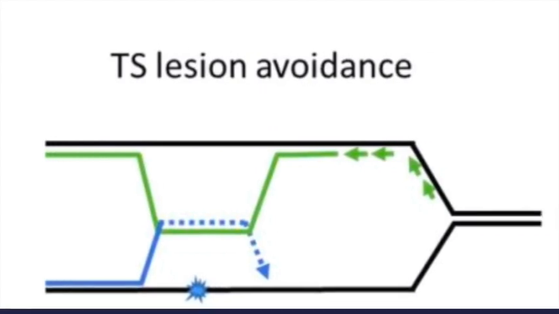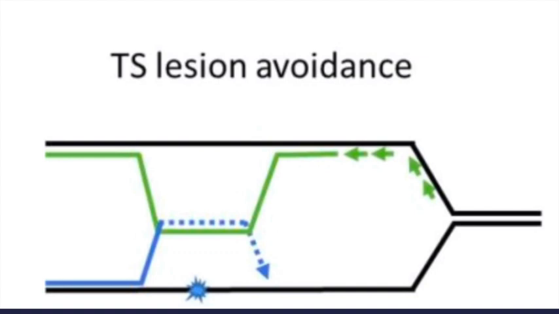The second method by which you can avoid a lesion is this: the strand which meets with the lesion, the daughter strand which is being synthesized, has just met a gap and it cannot find a template. It reaches for a template in the other daughter strand which is being synthesized on the sister template of the same mother DNA.